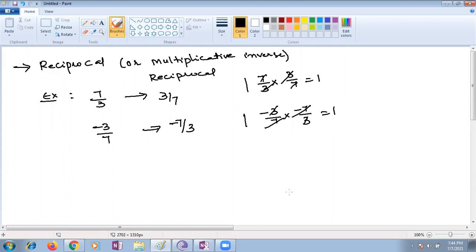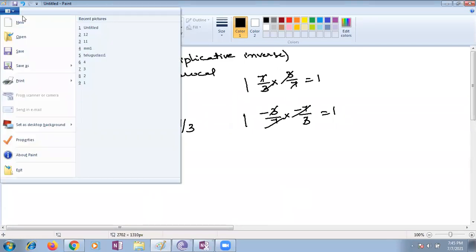Now we'll go with the distributive property. What is the distributive property, children? I'm taking the distributive property as the mother and children property. Why?